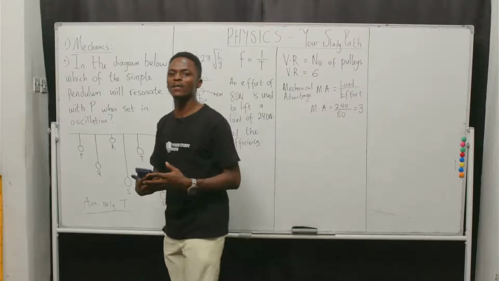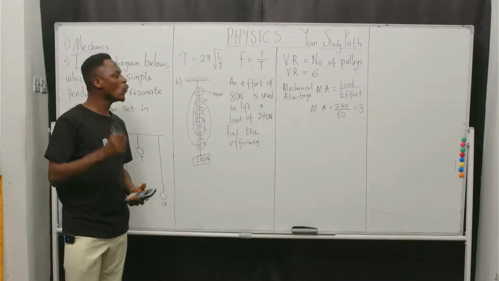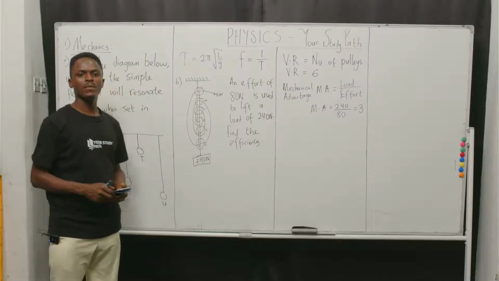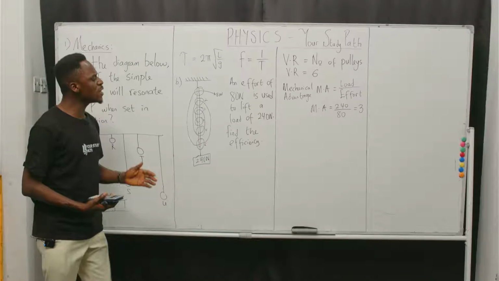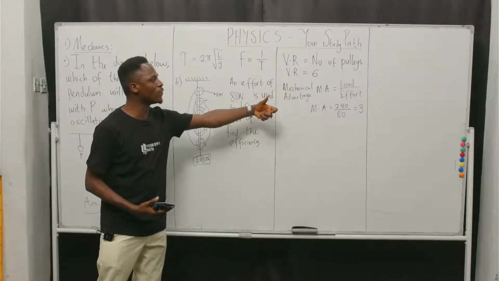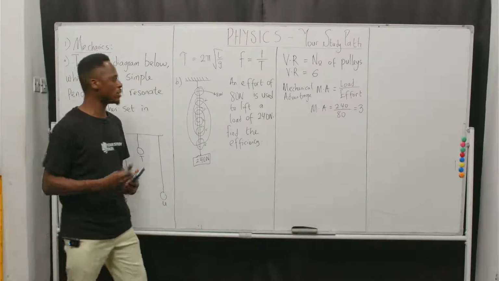How do we combine both together to arrive at our final destination, which is the efficiency of the pulley system? All we have to do is simply take the ratio of what? Mechanical advantage to the velocity ratio multiplied by 100. This is what I mean.